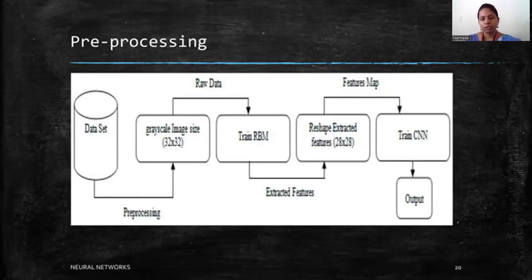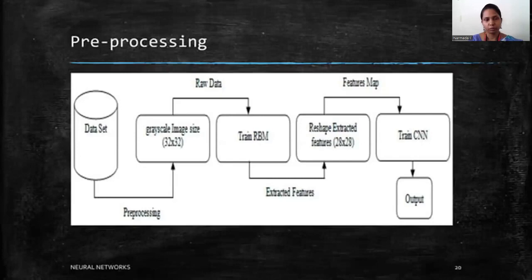This 28 cross 28 matrix image will be feature mapped and sent to the CNN for training. The final pre-processed image will be sent for training using a CNN, convolutional neural network. The trained data will be the output.